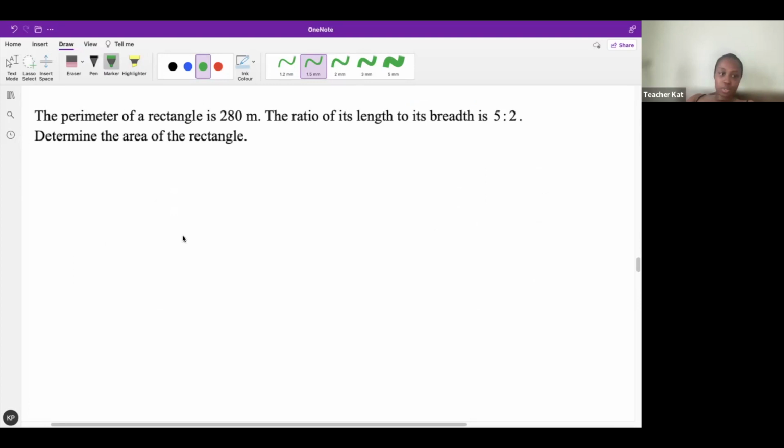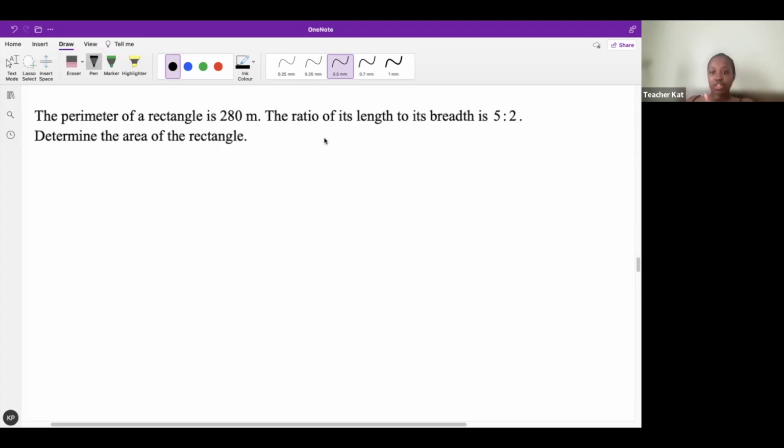Now we go into the problem. The perimeter of a triangle is 280 meters. The ratio of its length to its breadth is 5 to 2. Determine the area of the triangle. Now, guys, is the length 5 meters long?